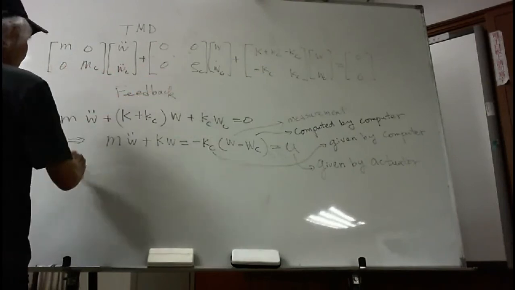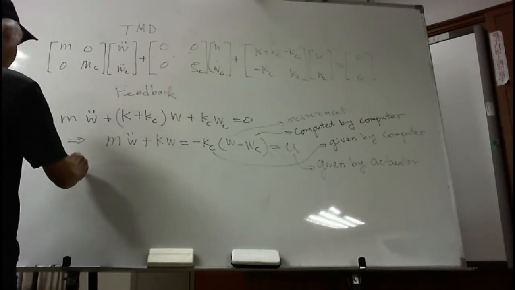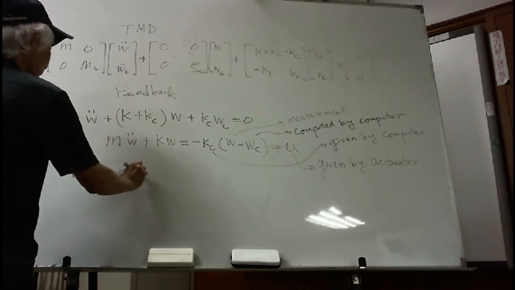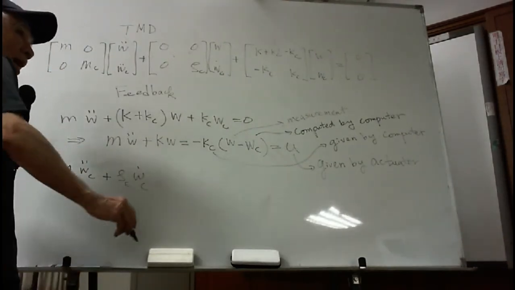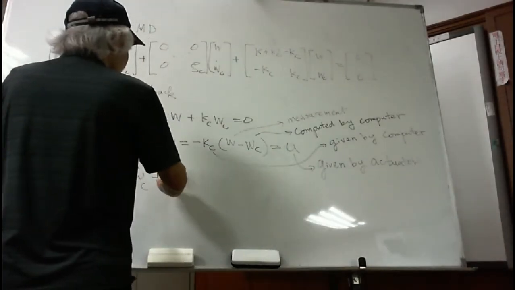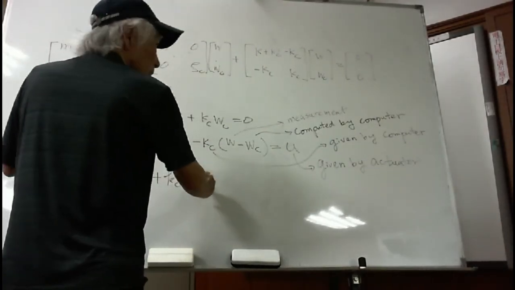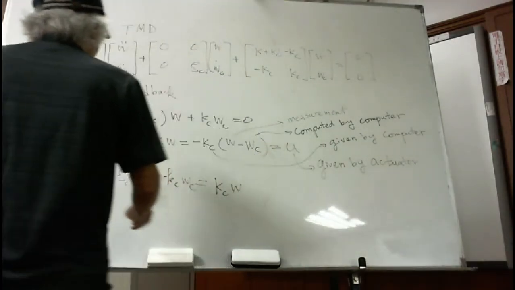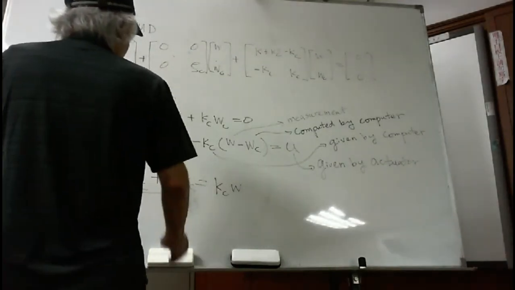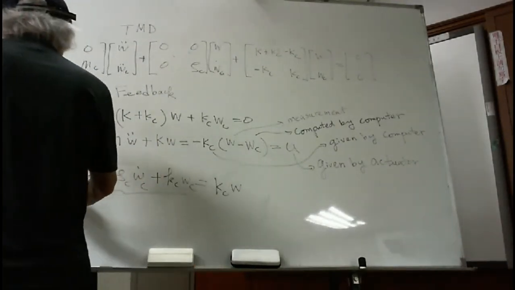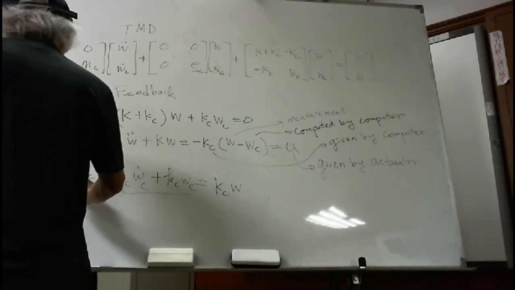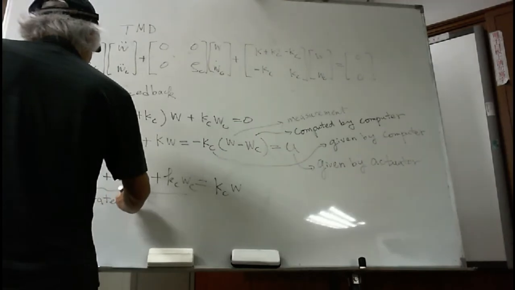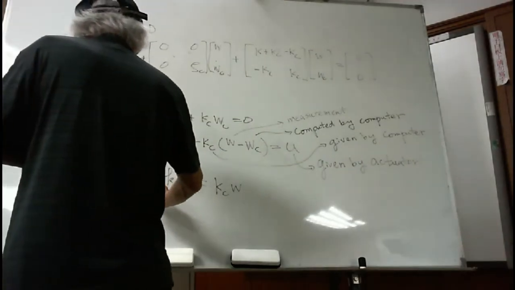And the second one is MC WC double dot plus C WC dot plus KC WC equal to KC W. All right, and this equation will be integrated by the computer.